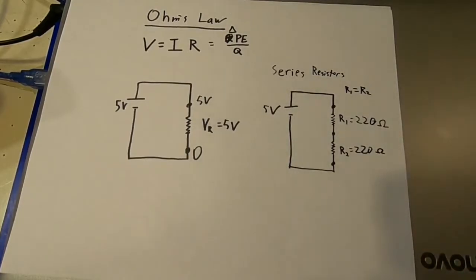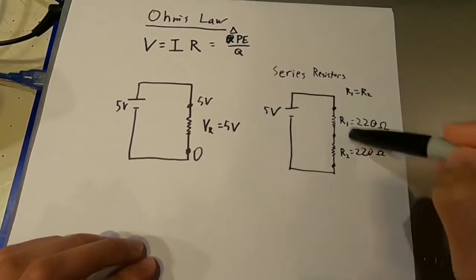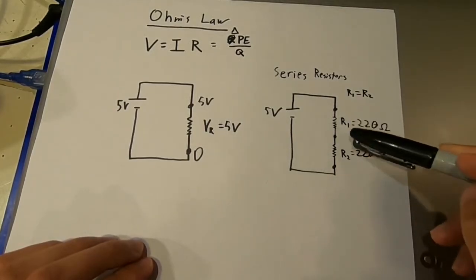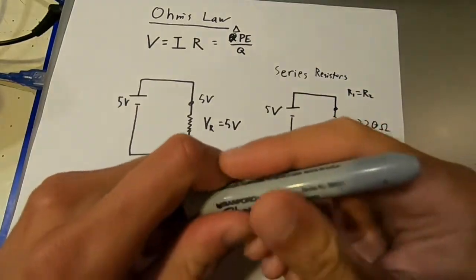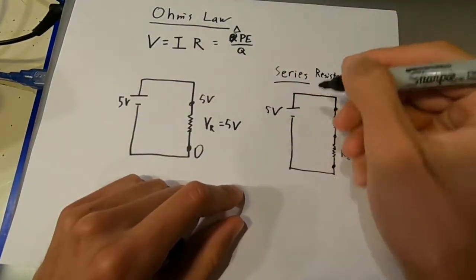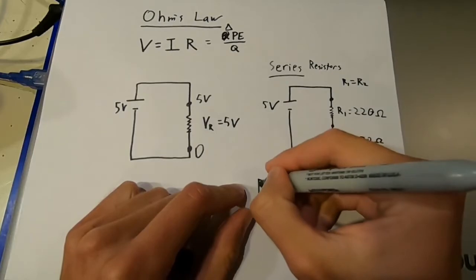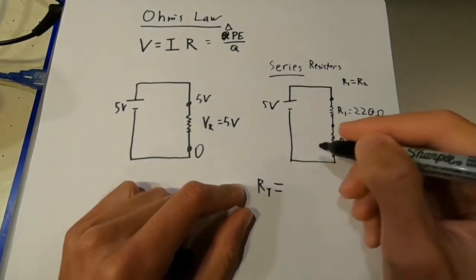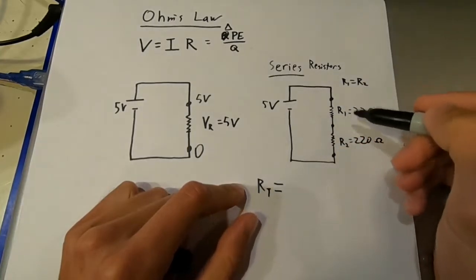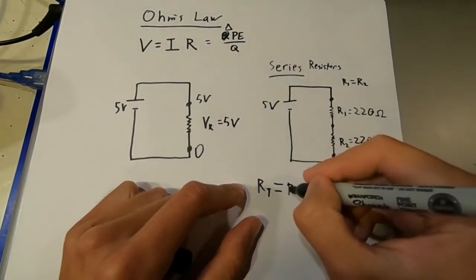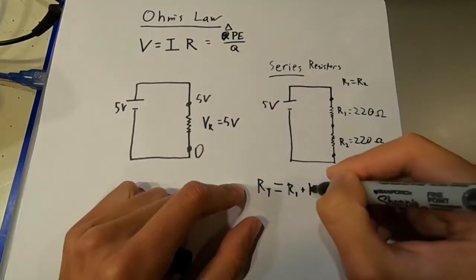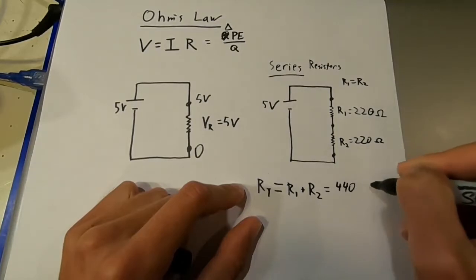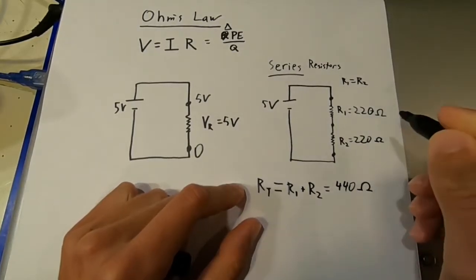Now, if we wanted to calculate the current that's going through the circuit, we need to determine the resistance of the entire circuit, not just these individual resistors. So for series, the total resistance is going to be equal just to the sum of these two resistors. So R1 plus R2 equals 440 ohms.